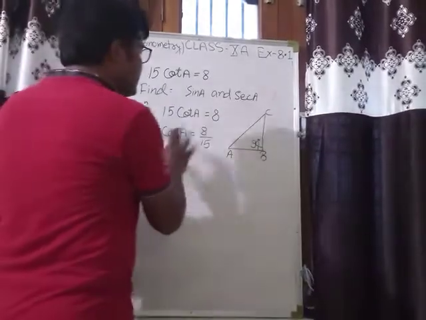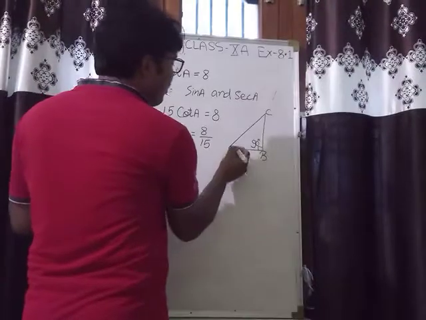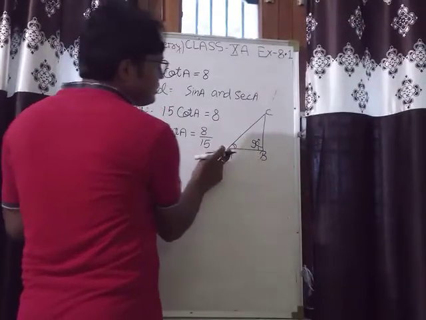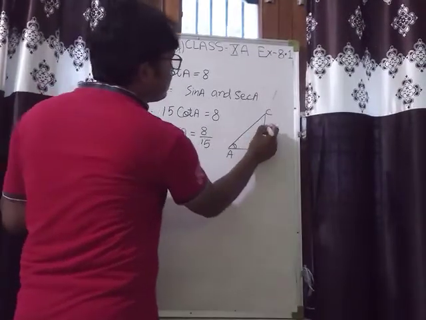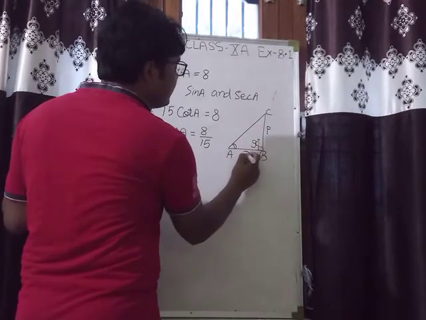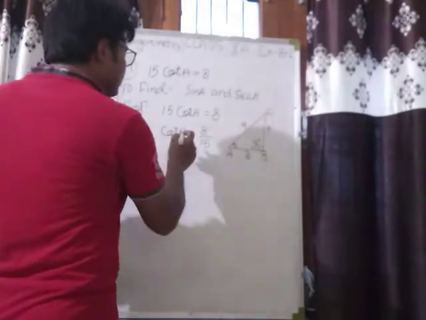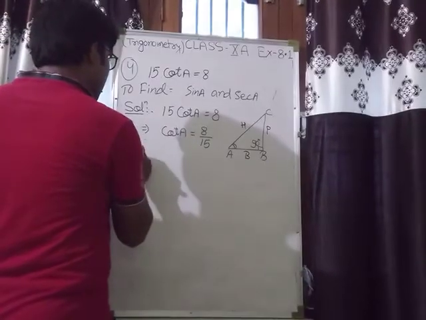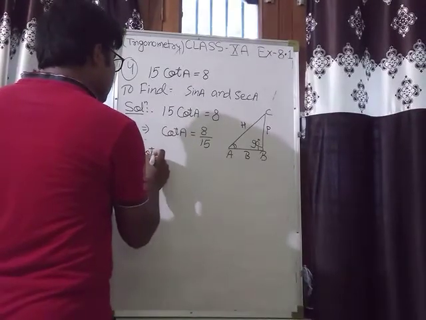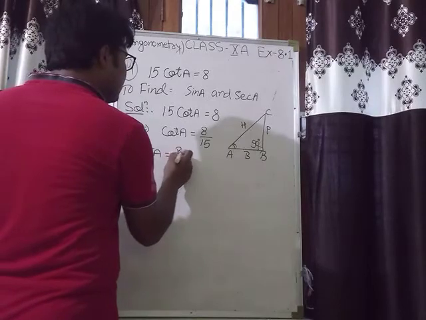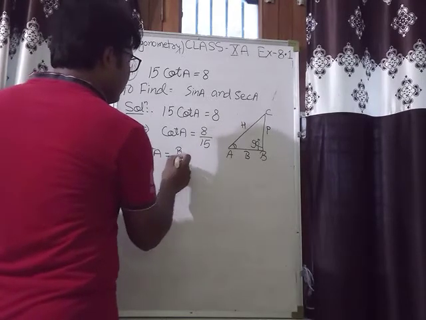So here what is given? Cot of this angle. We are talking about angle A, so this one is perpendicular, that one will be base, and that is hypotenuse. We know that cot theta is equal to base by perpendicular.